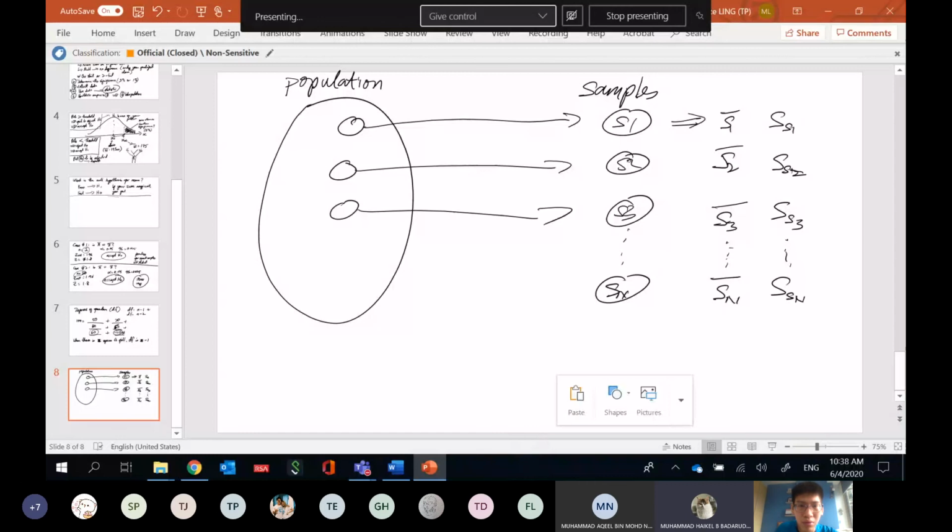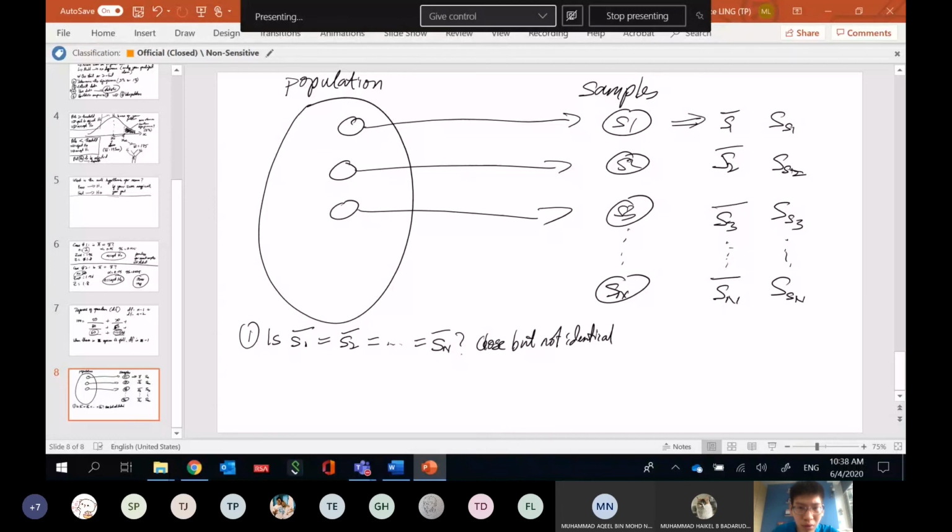Question number 1: the average of sample 1 equals the average of sample 2 equals the and so on. That means are all the averages going to be identical? Identical means exactly the same number, or is it going to be close? Close, right? So it is close but not identical.